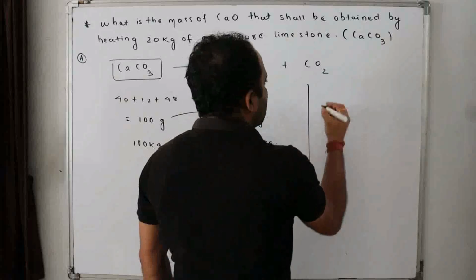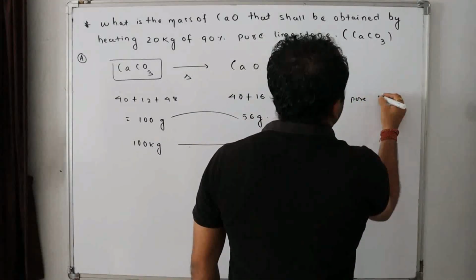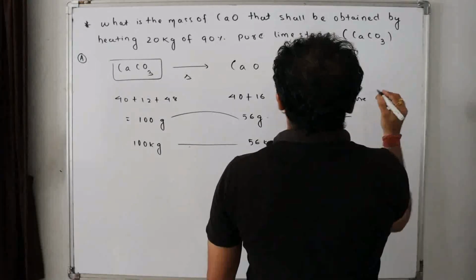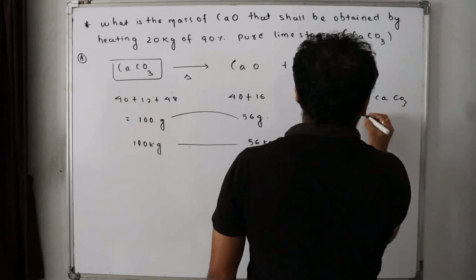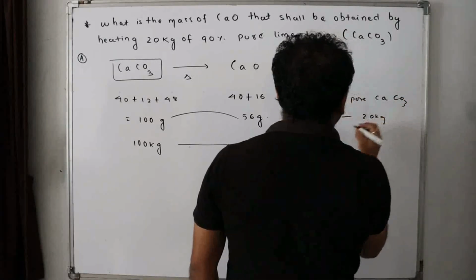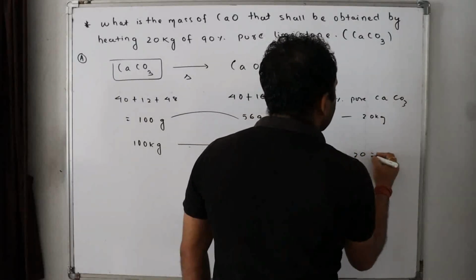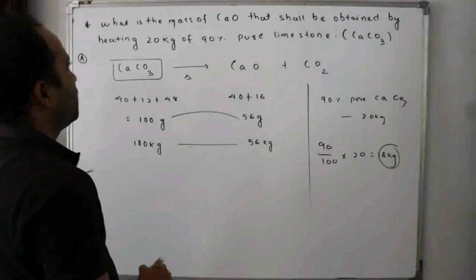Now, what is the mass of CaO that will be obtained by heating 20 kg of 90% pure CaCO3? So 90% pure CaCO3 is 20 kg. Now 90 by 100 into 20 is equal to how much? 18 kg is pure CaCO3.